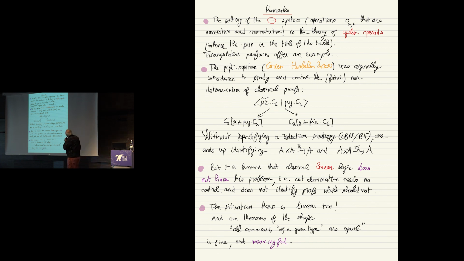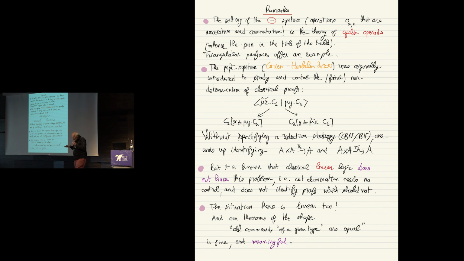Okay, so yes, as I said, the mathematical structures involved are called cyclic operads. Then what is interesting is the link with the mu tilde syntax is that we know already from many people that the problem in classical logic is this famous critical pair in connection with contraction and weakening.